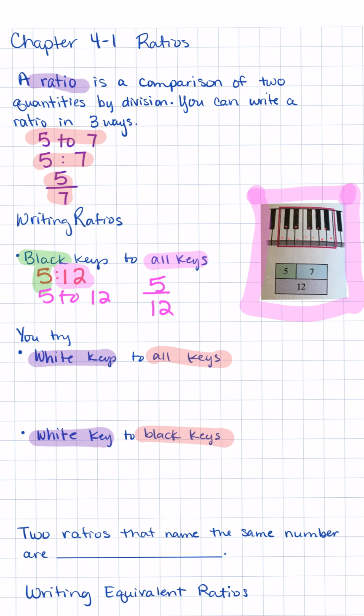Please remember to write it all 3 ways. Okay, so you should have got 7 to 12, 7:12, or 7 over 12. And for the second one, 7 to 5, 7:5, 7 over 5.